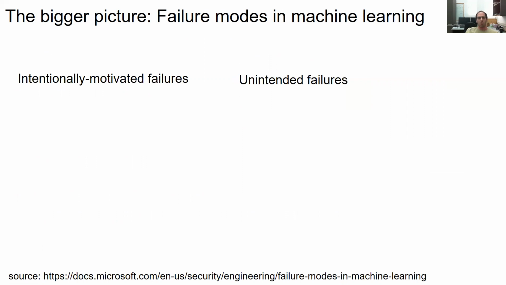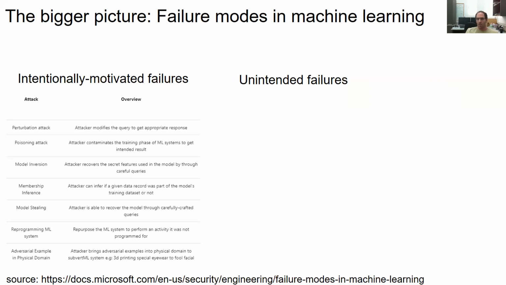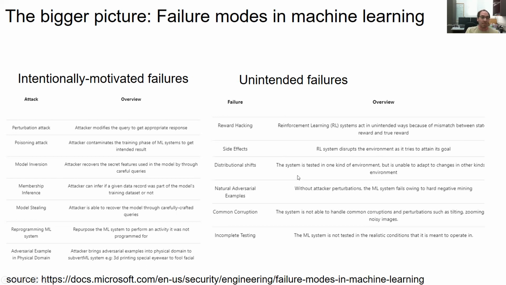And they divided it into mainly two kinds: intentionally motivated failures and unintended failures. Among the intentionally motivated failures, there are a whole bunch of different attacks that you can do to your classifier, to your machine learning model. And there are also a lot of unintended failures, where you just get the wrong classification, right?